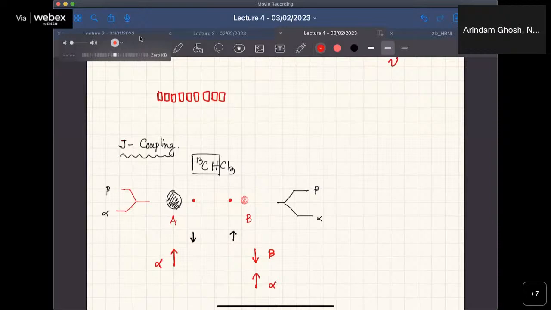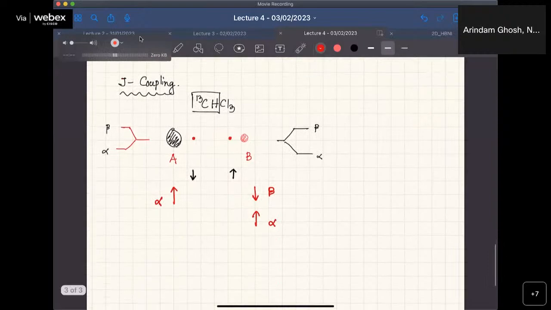So this particular thing, as if you have a coupling, is called a J coupling, and this J coupling gives this particular situation. That means if I have a two spin system, then I do not really have only two different levels like this, but rather I'll be having four different levels depending upon which one is what.